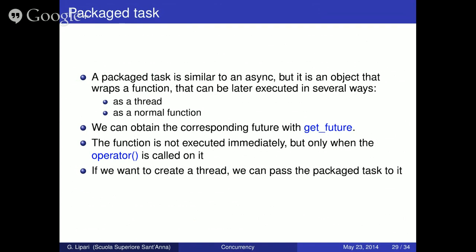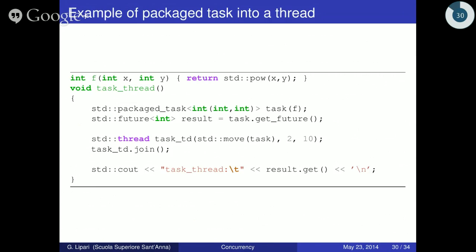As always, when you create a packaged task, the function is not executed, but only when the operator() is called on it. And if instead of executing it, you want to create a thread, you can pass the packaged task to it. It's a little bit strange, but it works.